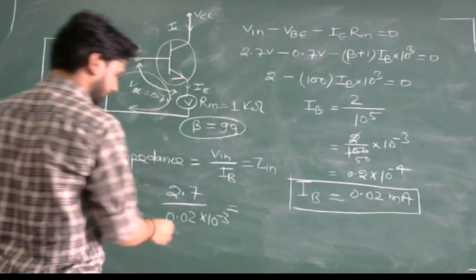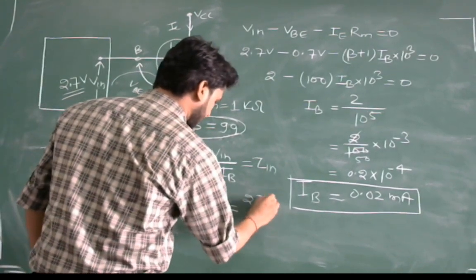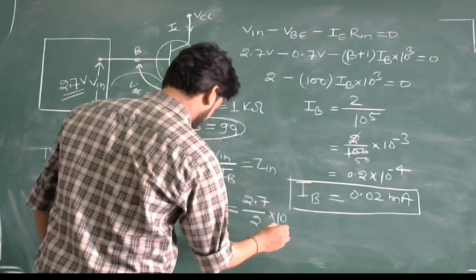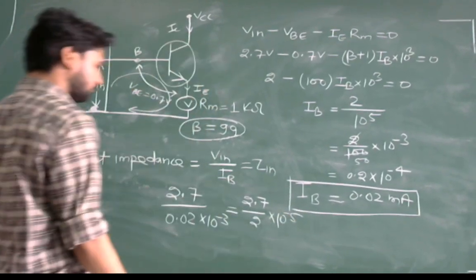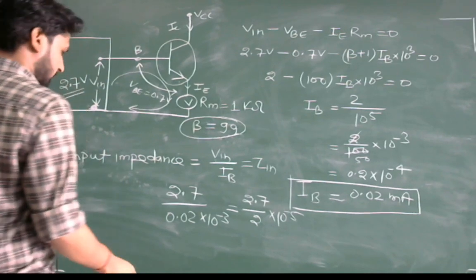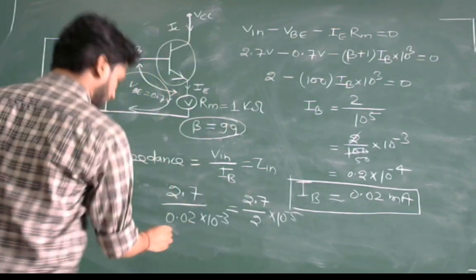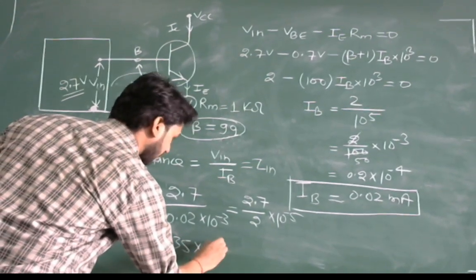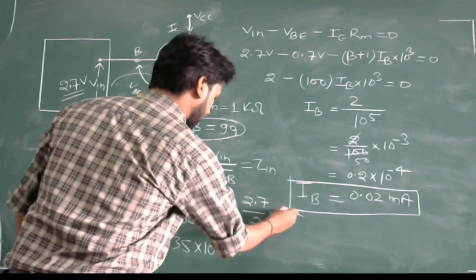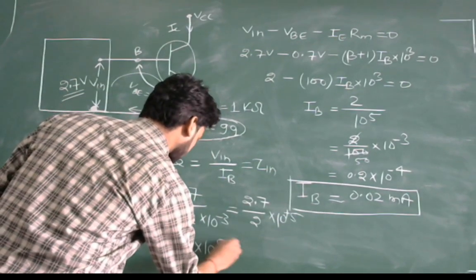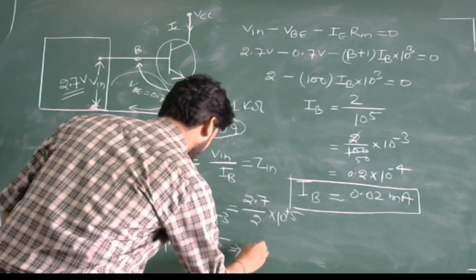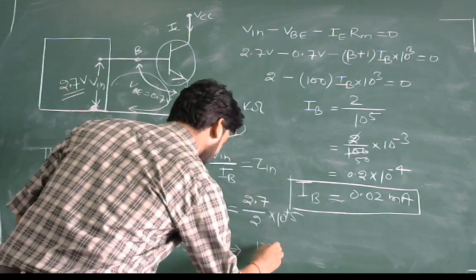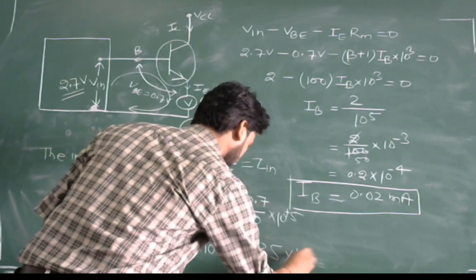It is 2.7 upon 2 into 10 power minus 5. This value is 13.5, means 1.35 into 10 power 5, which implies that it is 135 into 10 power 3.